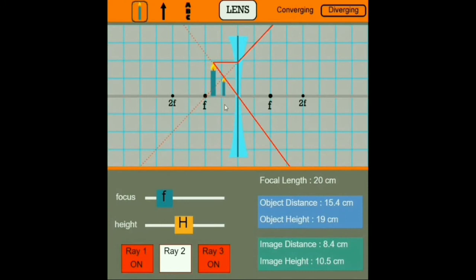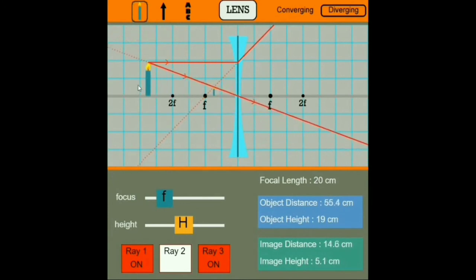Again it is diminished, virtual and erect. So irrespective of the position of the object, the image will be formed between focus and optic center, which is diminished, erect and virtual for a diverging lens or concave lens.